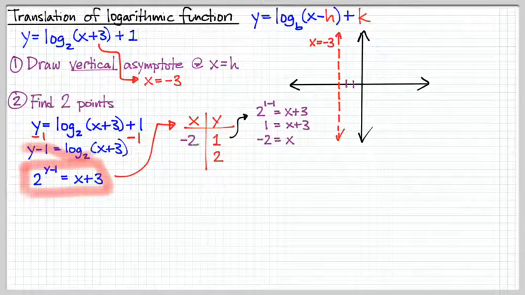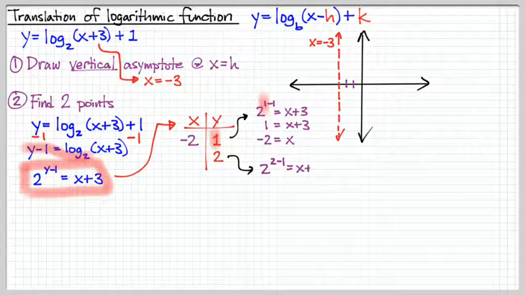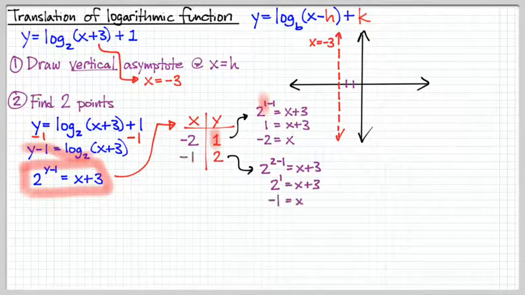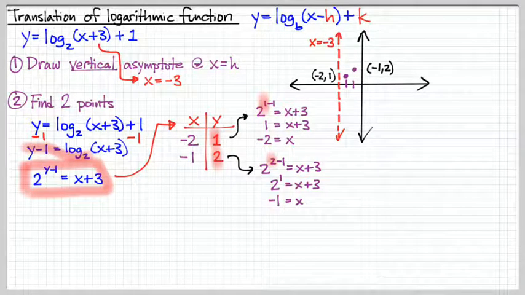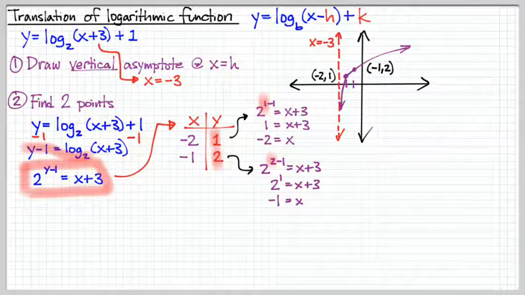So plugging in the 1 into the equation, I get x is equal to negative 2. Plugging in 2 into the equation, I get x is equal to negative 1. I plot these 2 points out, and then I can graph my logarithm function.